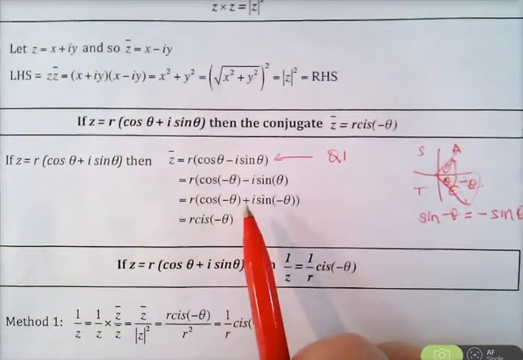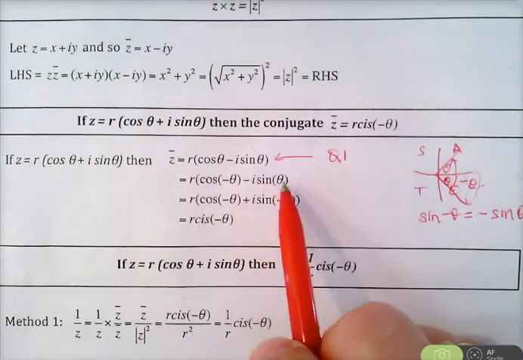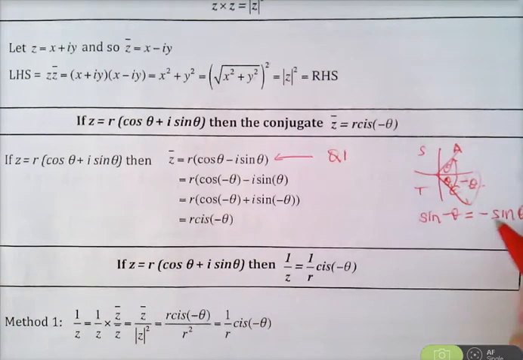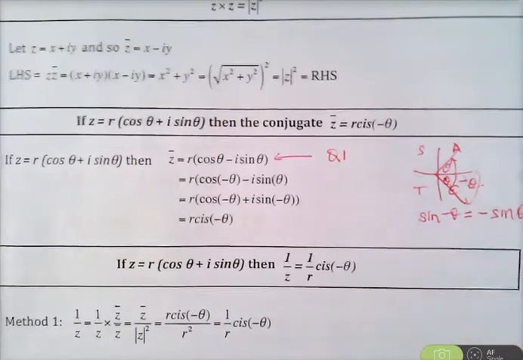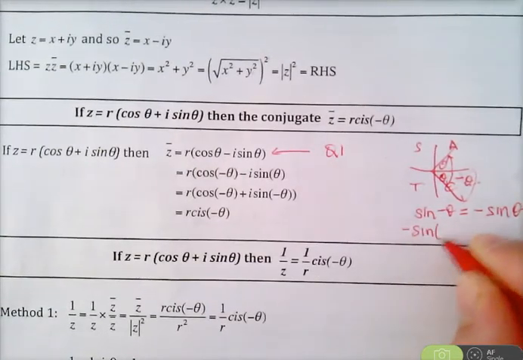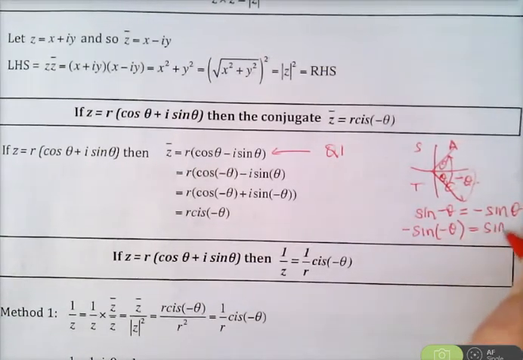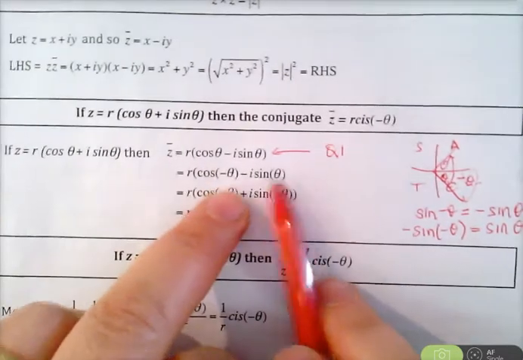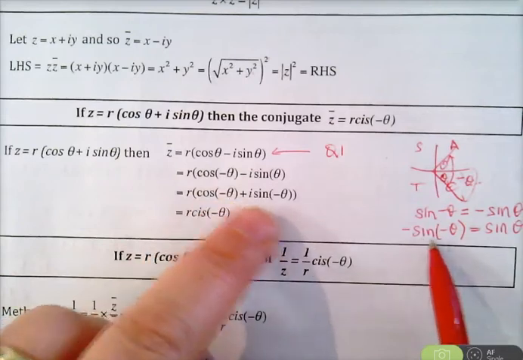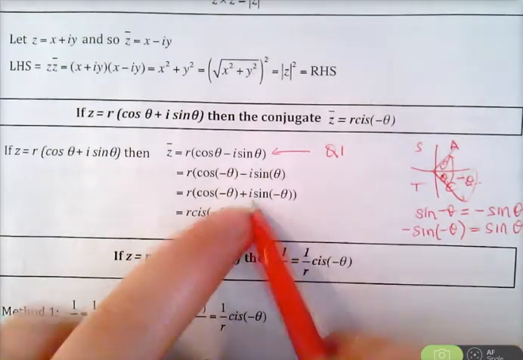So here we're replacing the sine theta with a minus. So I've got sine of minus theta equals minus sine theta, which would mean that minus sine of minus theta equals sine theta. So here I'm replacing this sine theta with a minus sine of minus theta to get this line here.